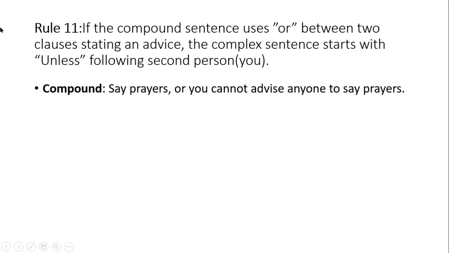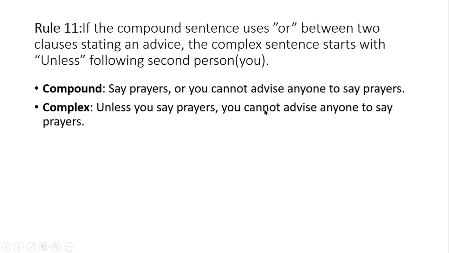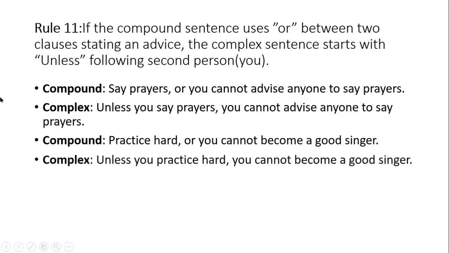You see, say prayers or you cannot advise anyone to say prayers. So you see, unless you say prayers, you cannot advise anyone to say prayers. Practice hard or you cannot become a good singer. Unless you practice hard, you cannot become a good singer.